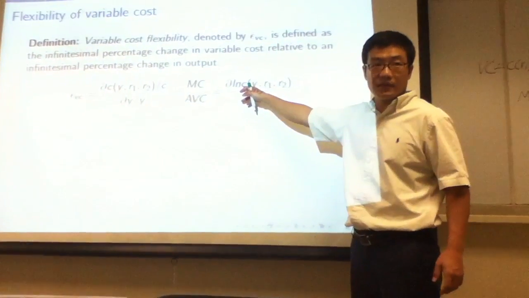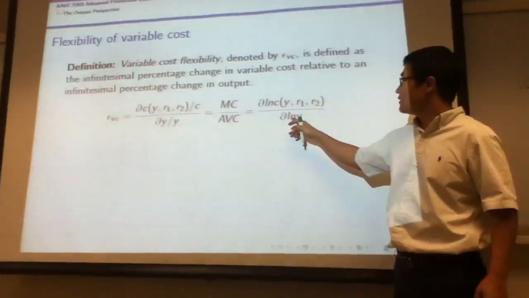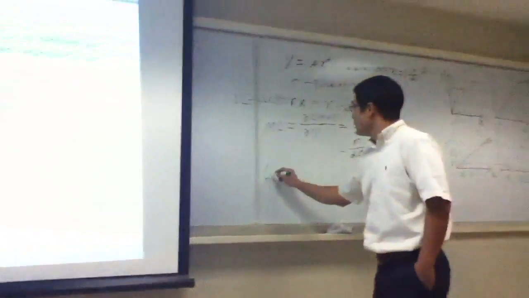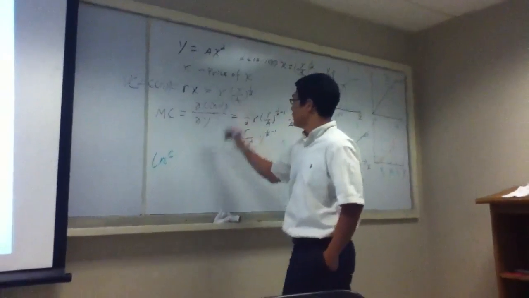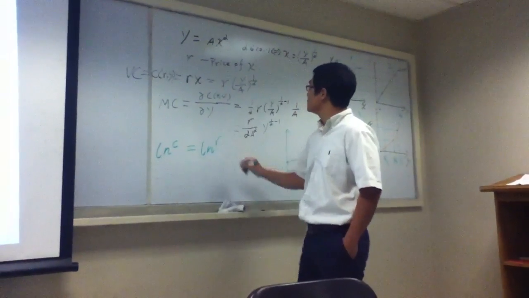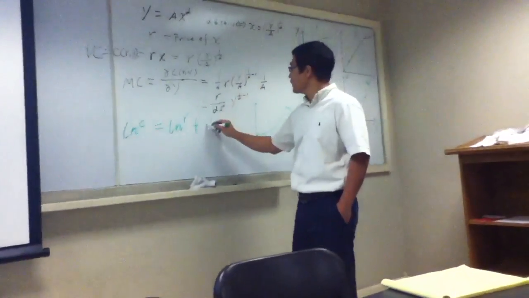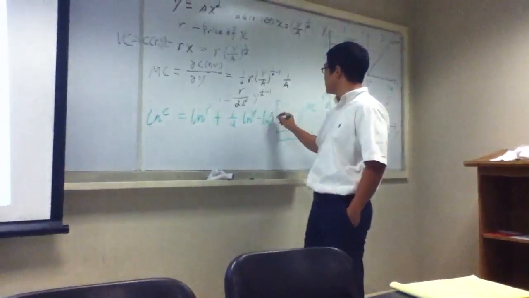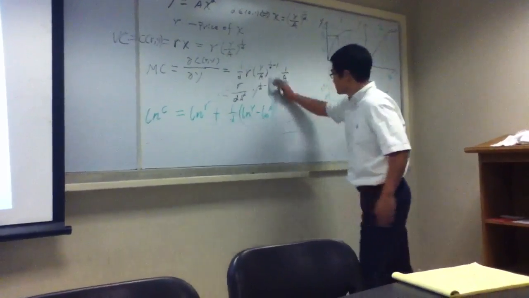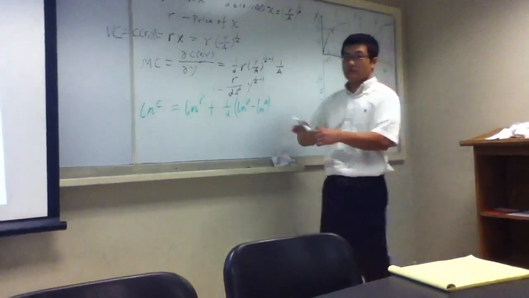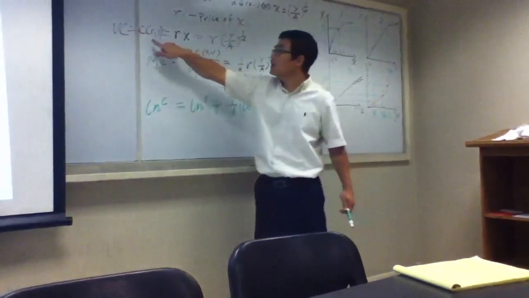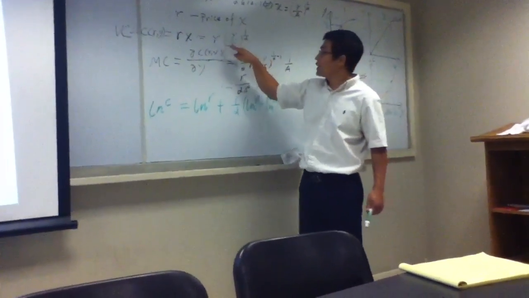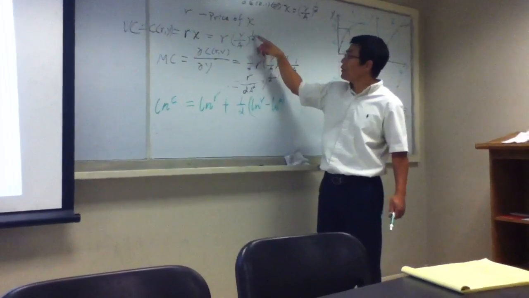I take the log of my variable cost function, and take the log of y. Okay, then take the partial. Look here. Log C now is equal to log R plus 1 over alpha log y minus log A. Is that right? If I take log on both sides of this equation, log C, the log of my variable cost, is equal to log R plus log y over A raised to the power 1 over alpha.